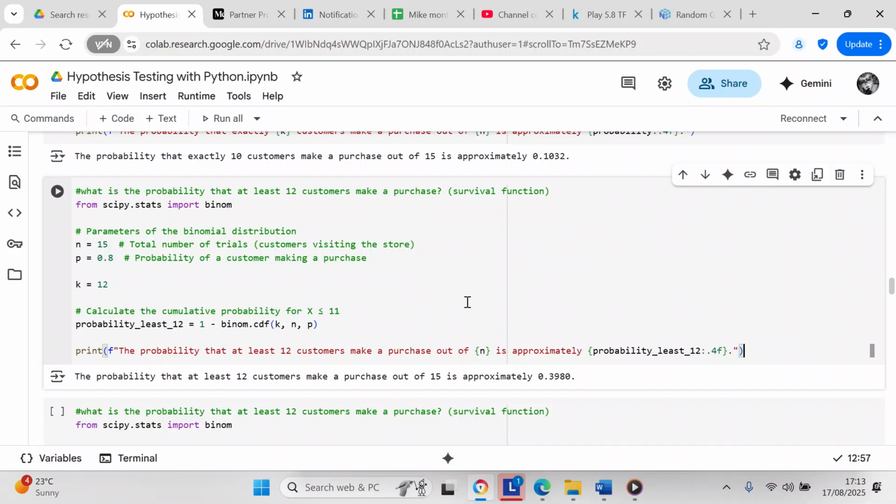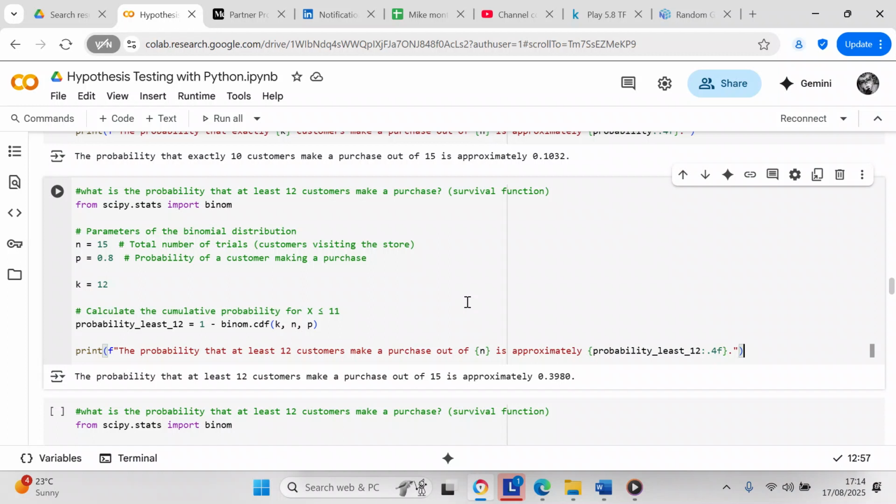So we're going to import scipy.stats and import binom, which is the binomial distribution. We set up the parameters for the binomial distribution: n equals 15. That's the number of trials, or customers visiting the store. p equals 0.8. That's the probability of a customer making a purchase. And k equals 12.